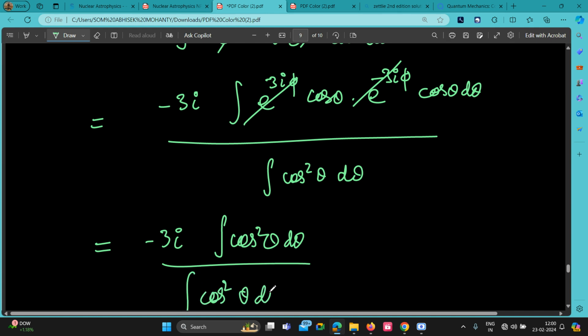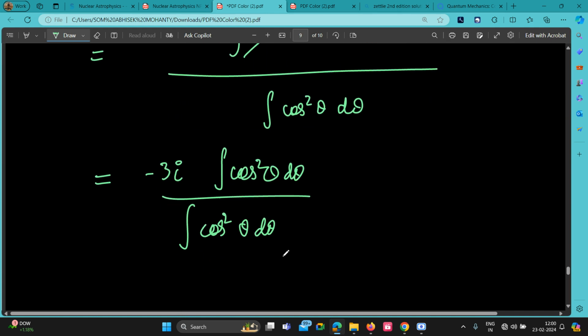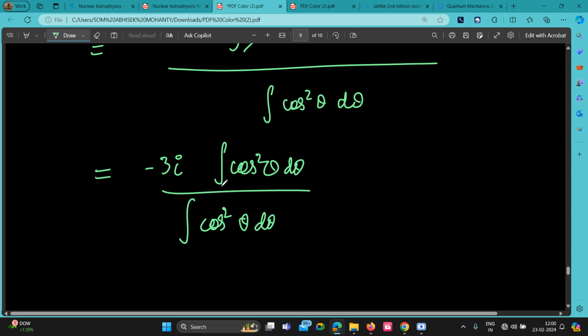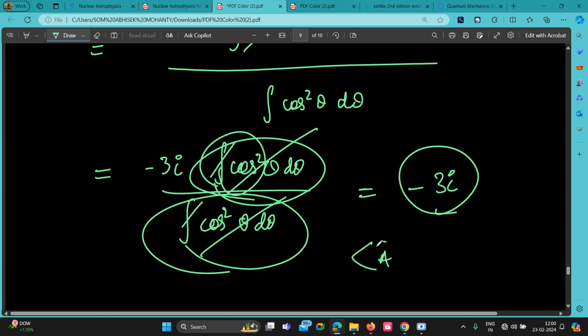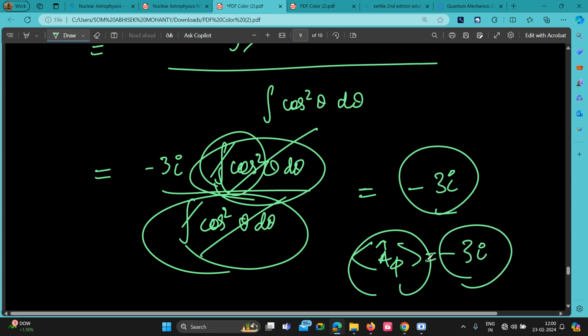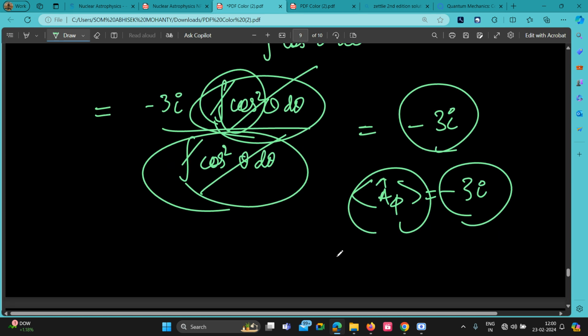You don't need to calculate the integration. These two are the same, whatever the limits will be, the upper and lower limits are the same. So the whole thing cancels, including the integration. So the answer will be minus 3i, which is the expectation value of A phi. That means this is not a Hermitian operator, because a Hermitian operator has real expectation values, but this is complex, so this is not Hermitian.